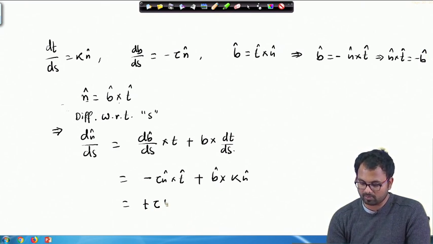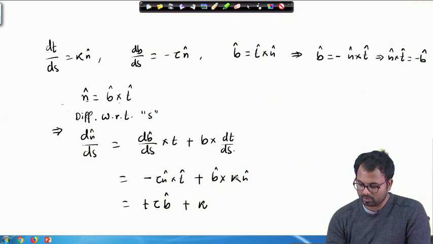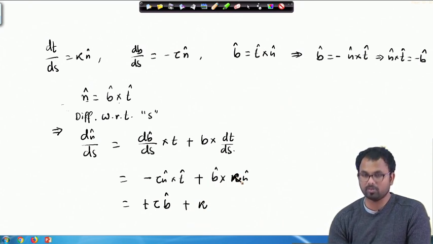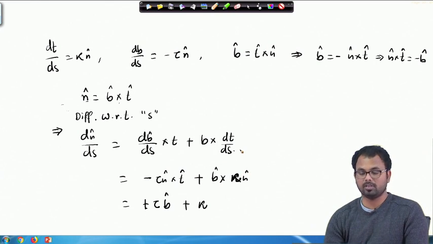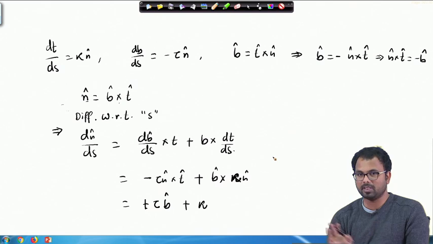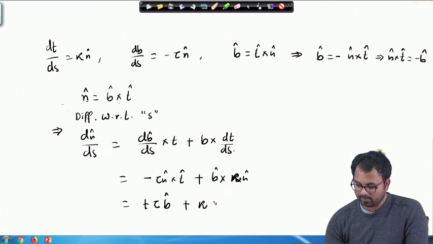So minus minus turns into a plus, giving tau B cap, and this is not k, this is kappa. Make sure you see that Greek letter in mathematical books on notations. So this is kappa, and then we have B cross N.